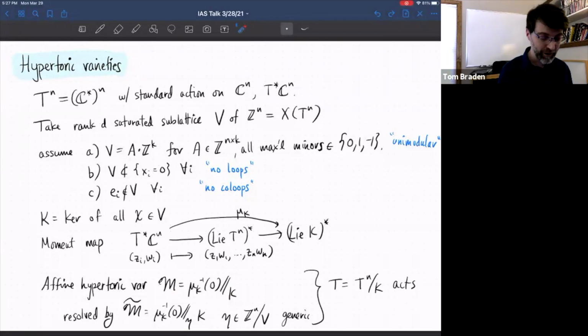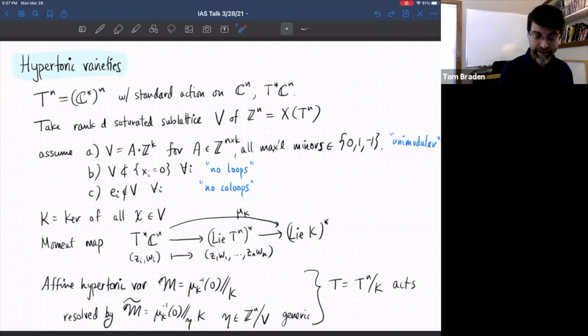And then if you want the resolution, you take the GIT quotient with respect to a parameter which lives in the lattice mod V, and needs to be sufficiently generic with respect to certain hyperplanes, which I won't write down, in order for it to be a resolution.